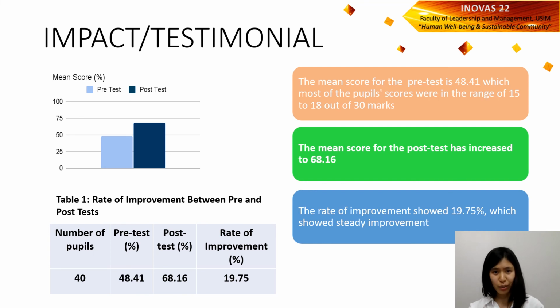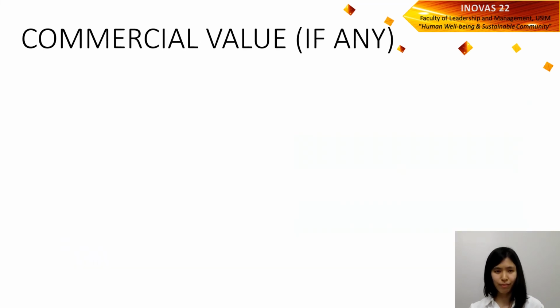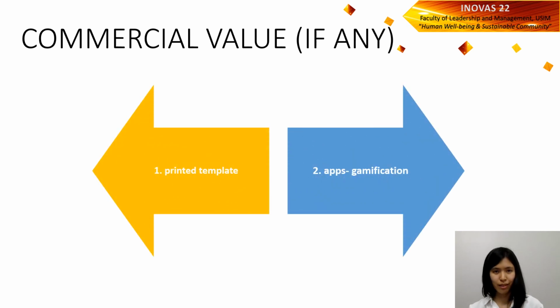After carrying out the post-test, the mean score has increased to 68.16, which showed steady improvement among the Year 3 pupils, with a rate of improvement of 19.75%, as shown in Table 1. It is proven that Jolly Card Sentences worked well to help pupils form SVO sentences correctly.